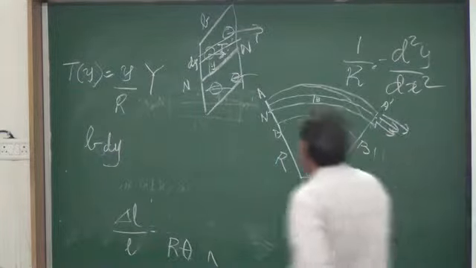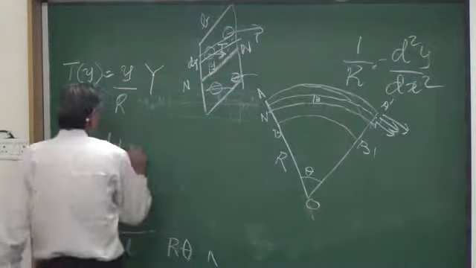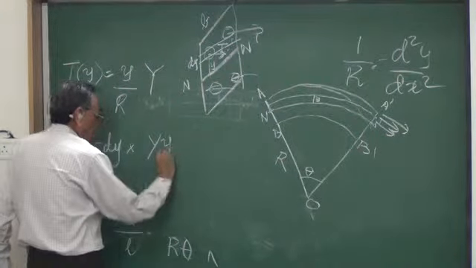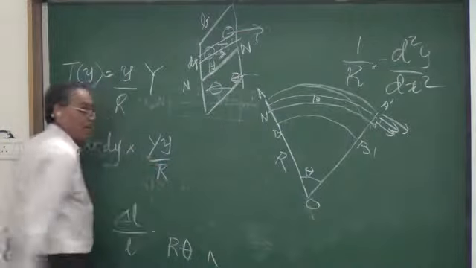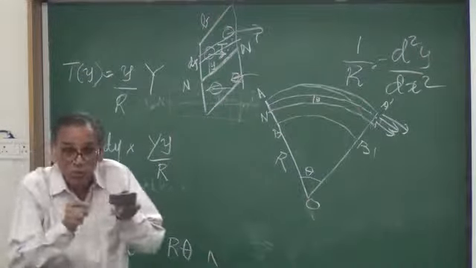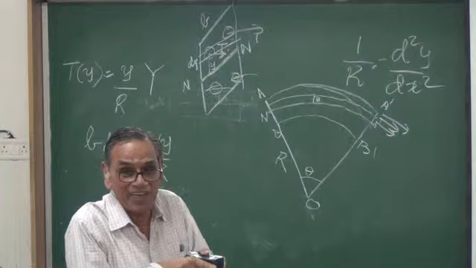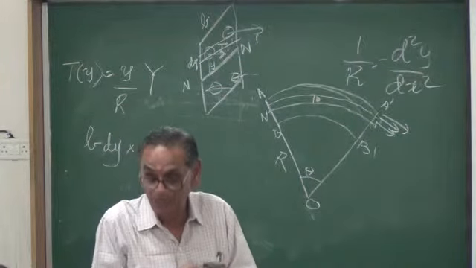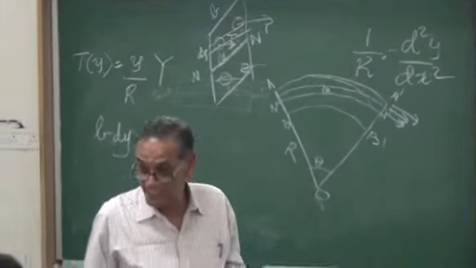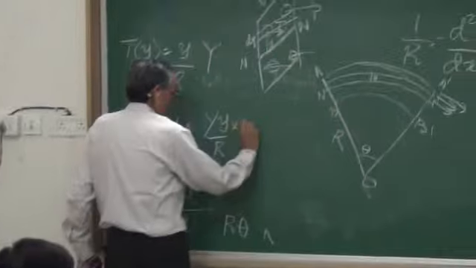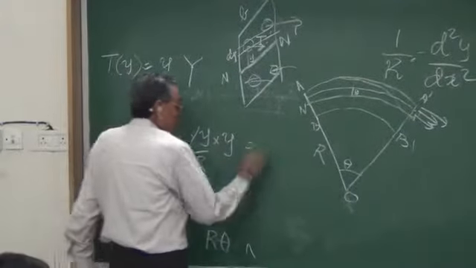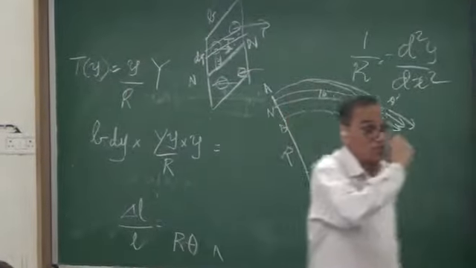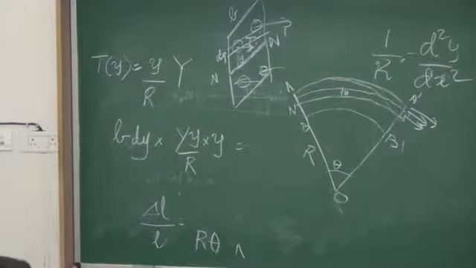The force is y into Young's modulus into y by r. And what is the bending moment about the neutral line? Force multiplied by the perpendicular distance from the neutral line. That distance is y, so into y.